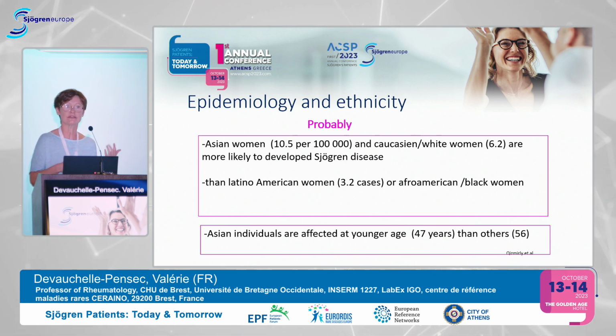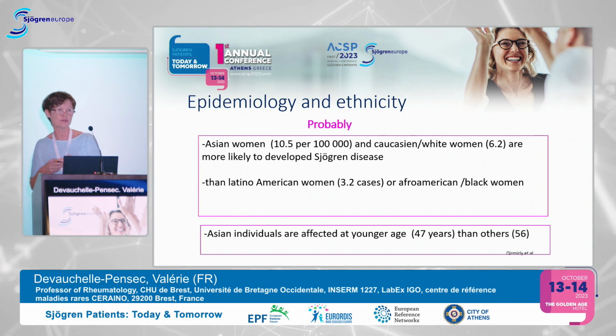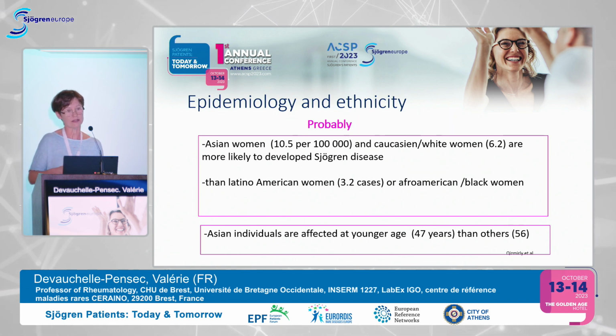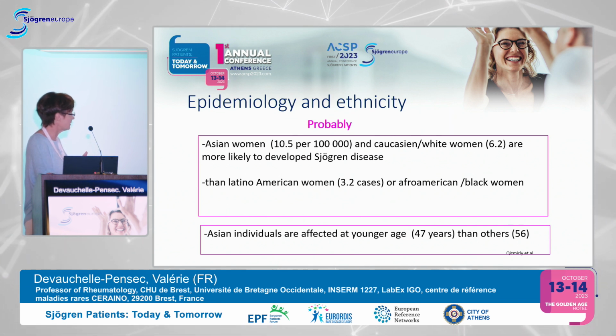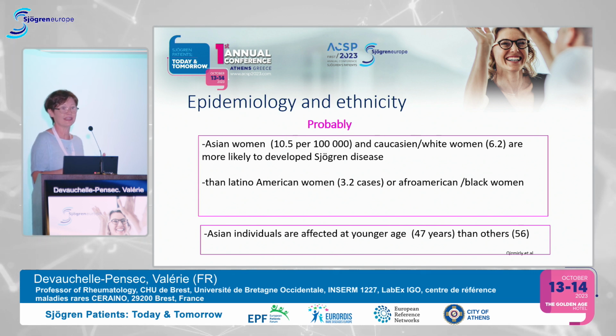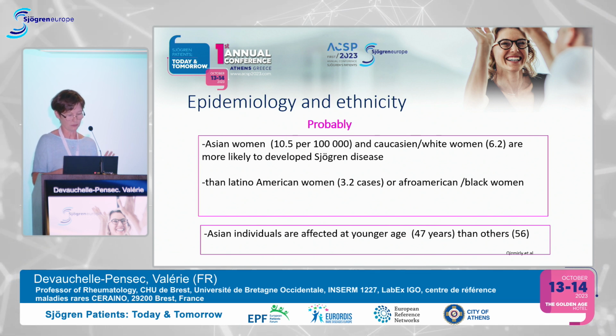As I mentioned, they used healthcare data and capture and recapture, and they verified the data. The prevalence was lower than the prevalence previously reported with Asian patients. So maybe Asians are more affected, but we don't know exactly.